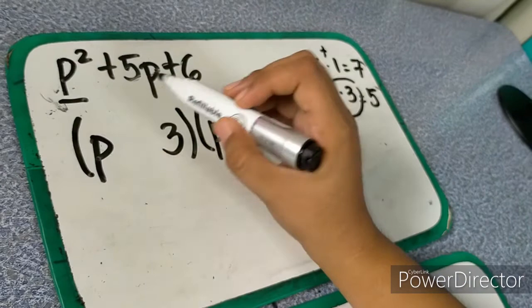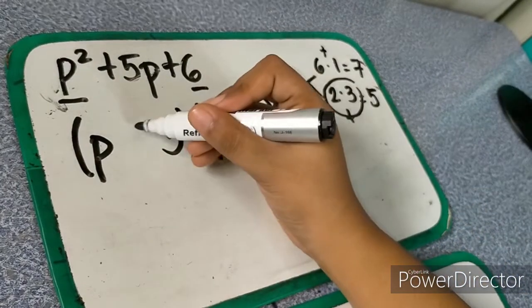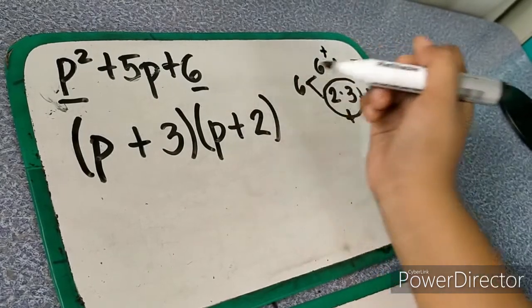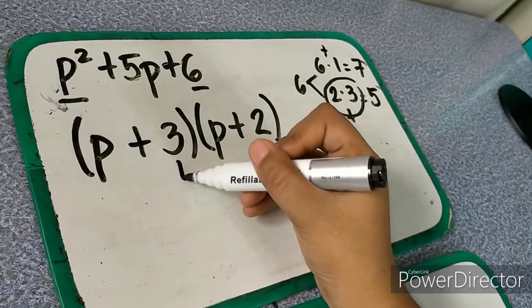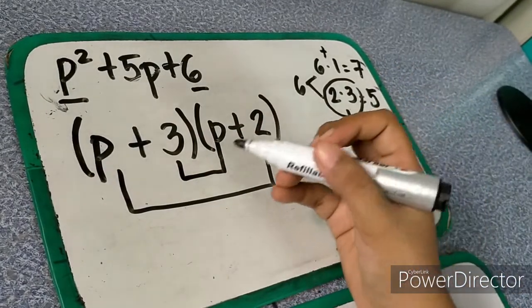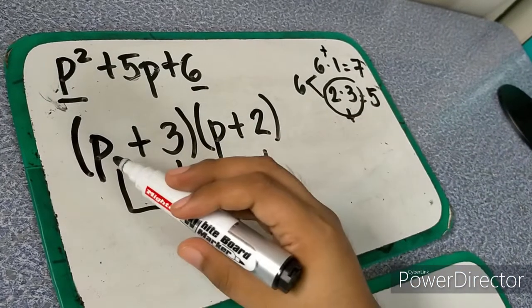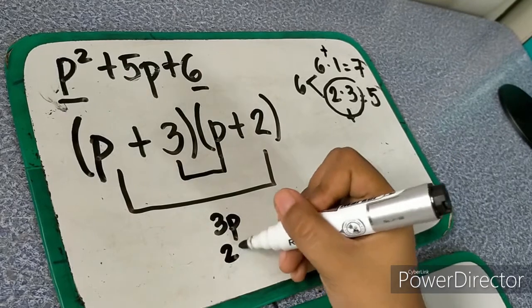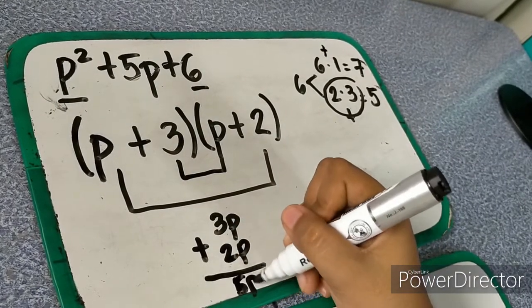Because of the positive signs or addition operation of our trinomial, meaning our operation is also positive. If you want to recheck, multiply the middle term and the outer term. Let's try. 3 times p is 3p. 2 times p is 2p. Then, add. Answer, 5p.